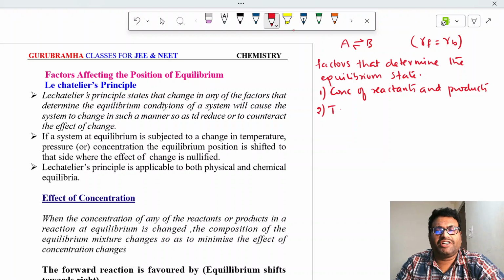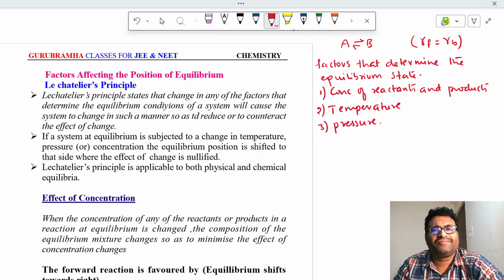Second one is temperature. Third one is pressure. So these are the factors that determine the equilibrium state.